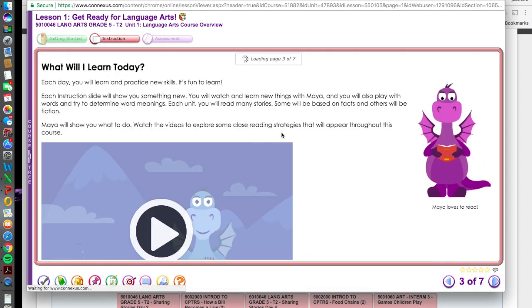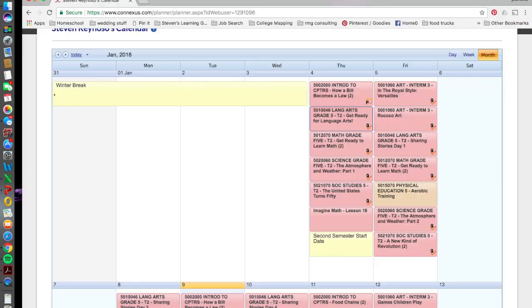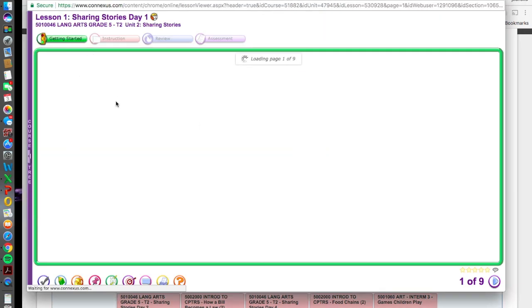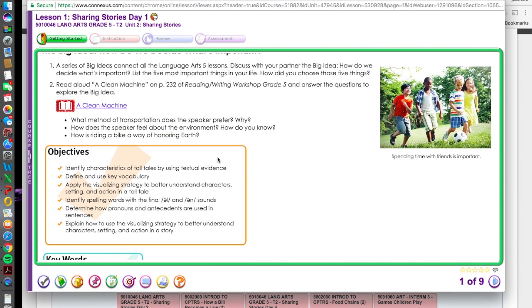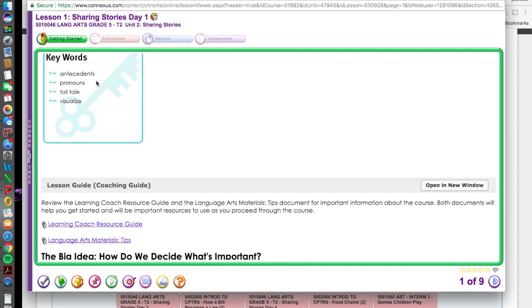So it's really cool and really important, but I'm going to skip that for now, and I am going to look at Friday's lesson and see what we have going on. I see that we're going to be talking about antecedents and pronouns, and you're going to see in Stephen's binder how I have prepared for that.